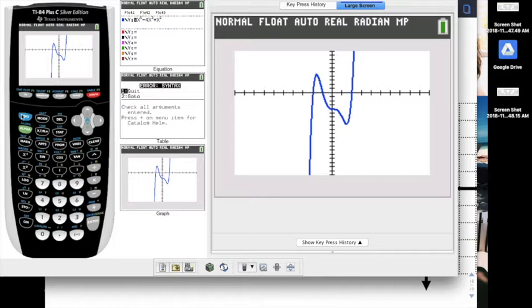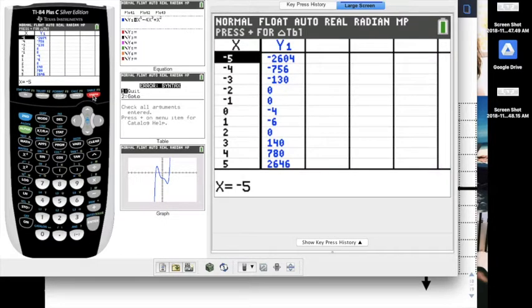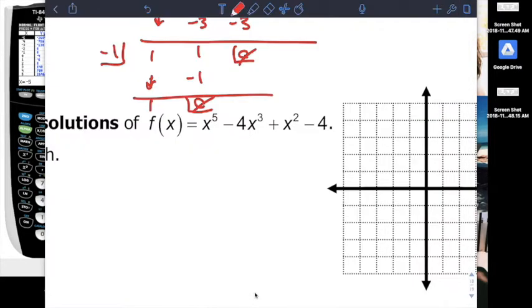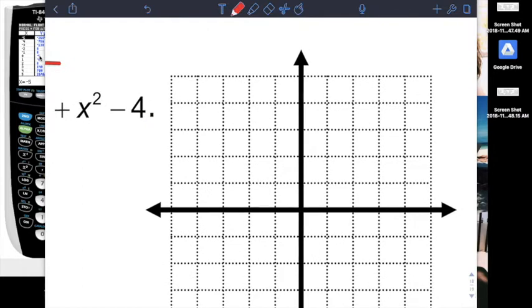So you can copy over some points from the table if you would like. We got a few, really not a ton of points we can graph, but we'll copy over some of those table values here. So see, I can still kind of see it over here. It was at negative 2, 0. We're at negative 1, 0.